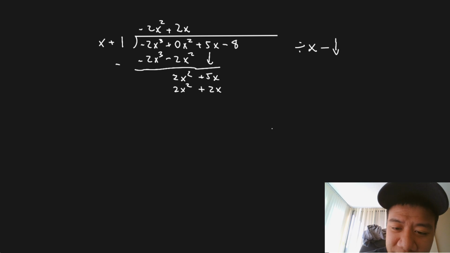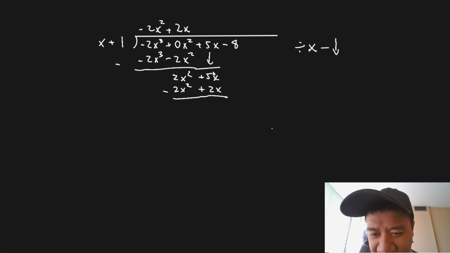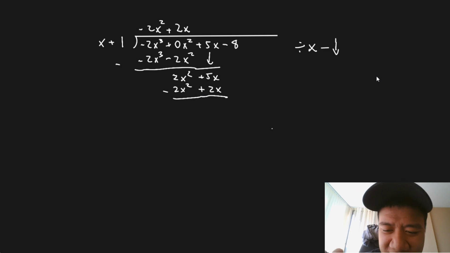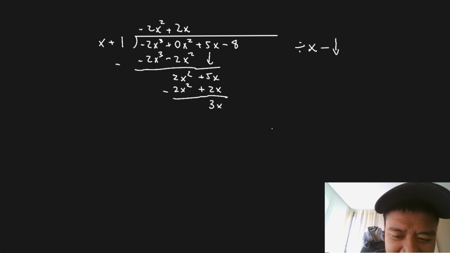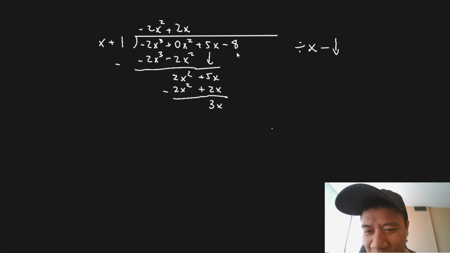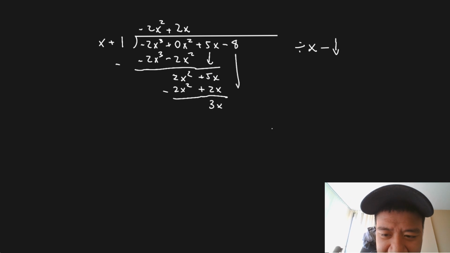Okay. Next step is subtraction. So you just subtract these guys together. 2x squared minus 2x squared is 0x squared. We don't need to put anything here. 5x minus 2x gets us 3x. Okay, and then we bring down the 8.